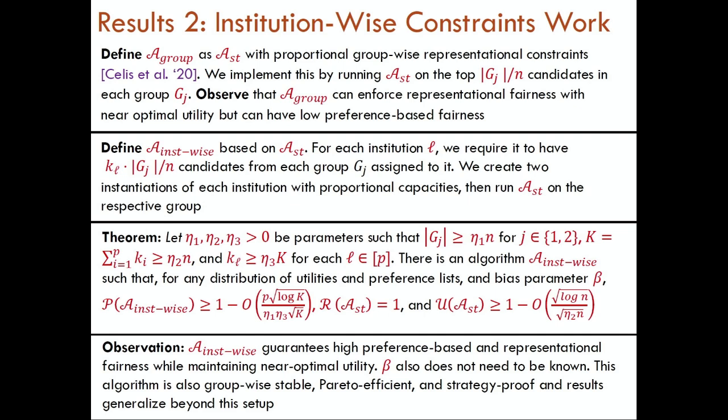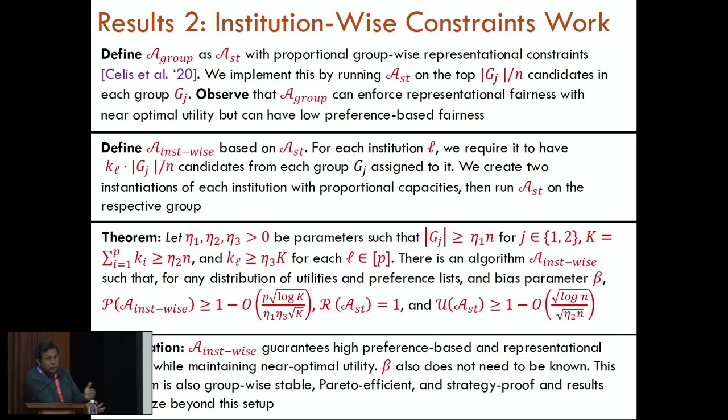So for this algorithm, which is a pretty straightforward algorithm that you can imagine, we can show that the fairness metrics and the utility all tend towards 1 irrespective of the bias parameter, as the size of the problem goes to infinity.